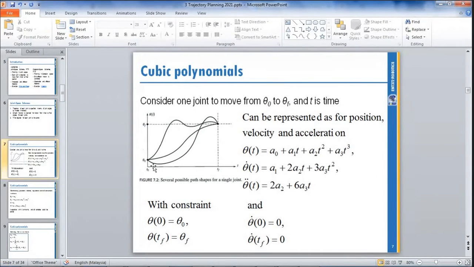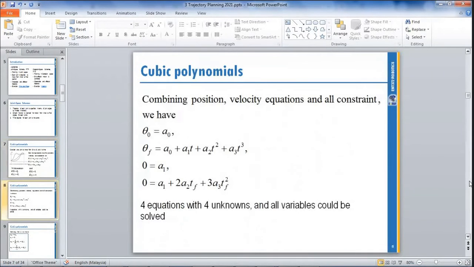So at theta 0 it equals a0. And then at theta final, you will get this equation because your time is not 0, so you are left with this equation.